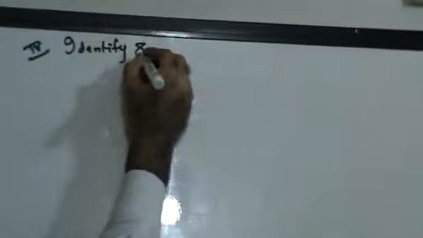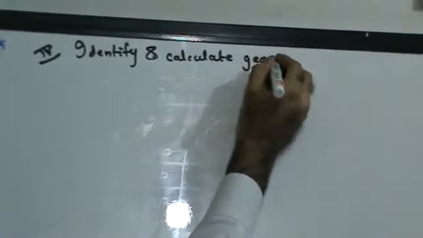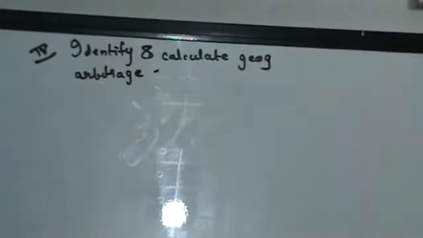Next, let's move on to the fourth type of sums. Here they tell you to calculate arbitrage. Type 4 is identify and calculate geographical arbitrage. Right?